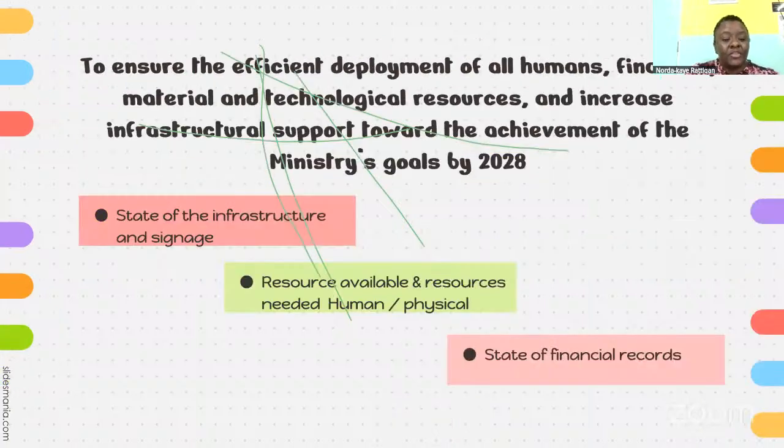All right, so we're at strategic objective number 9. And this will look at your human resources, your financial, and the technological resources, and how you plan to increase the infrastructural support toward the achievement of the ministry's goals by 2028. This is where you look at your school building.